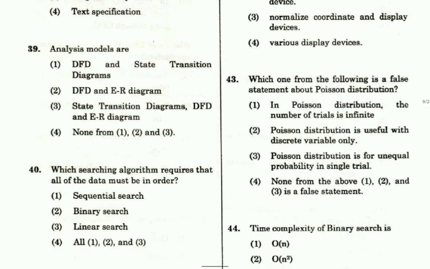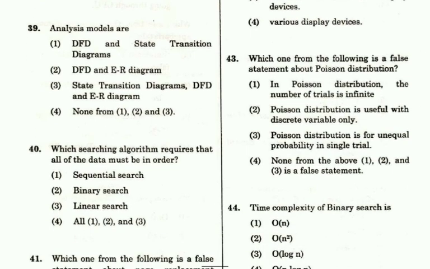Next. Analysis models are. In the given options, we have DFD, state transition diagrams, ER diagrams. What is meant by DFD? That is data flow diagram, which shows the data movement. ER diagrams model the data relationships. And state transition diagrams represent the system states.